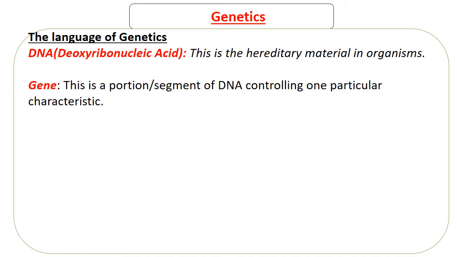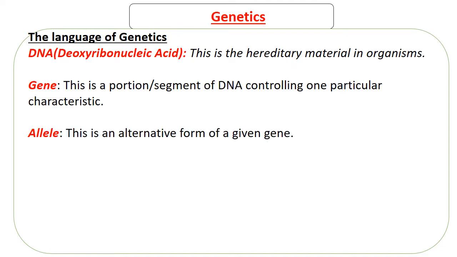With that being said, the next word is allele. So an allele is an alternative form of a given gene. So remember, a gene can be something that determines your height only.